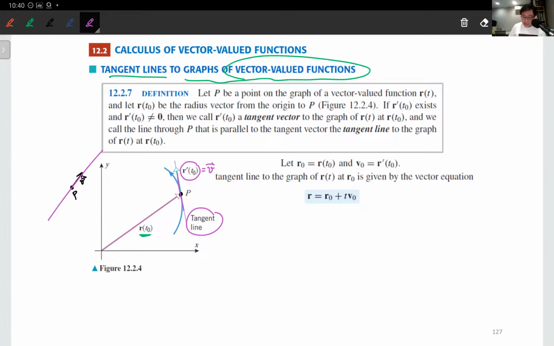So you take r naught, which is just the vector that points to the point where you want to figure out the tangent line. Then you have the directional vector, which comes from the derivative of r at the point P. Once you have this point and the direction, you just multiply by the parameter t, and you get a straight line.